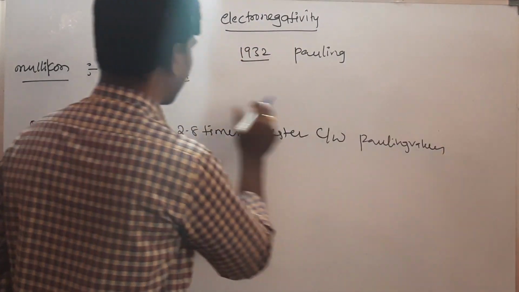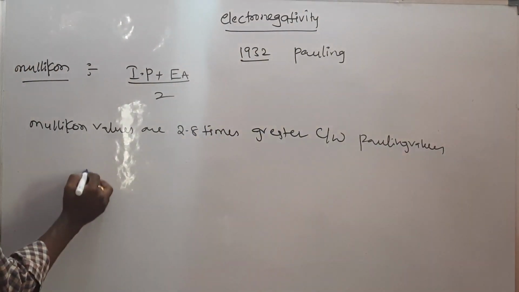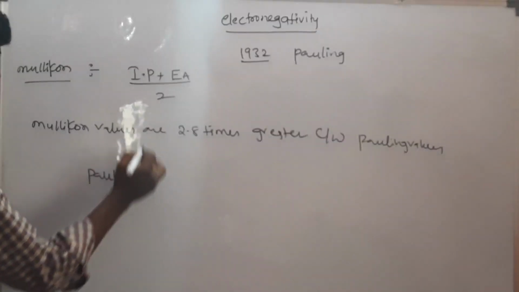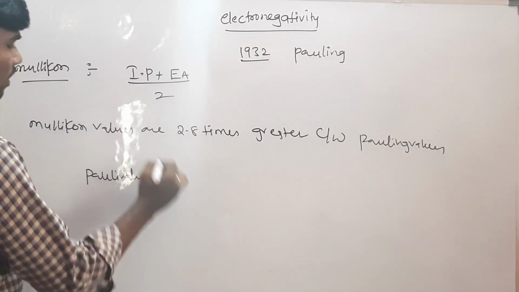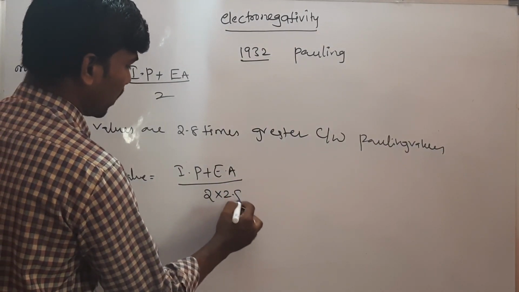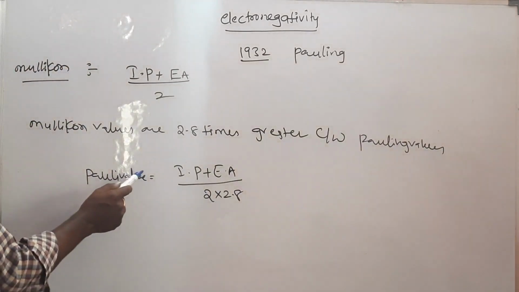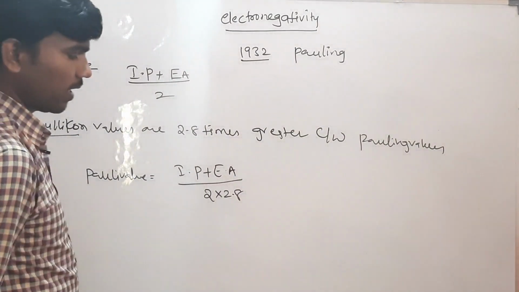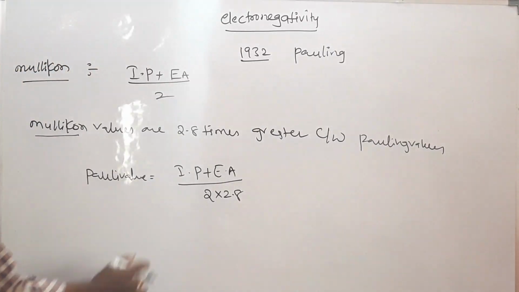So how can we express this in Pauling's scale? If you convert this formula into Pauling, then ionization potential plus electron affinity divided by 2 into 2.8 will come. Why? Because Mulliken's value is 2.8 times greater, so we take 2.8 here, and then both will be equal.